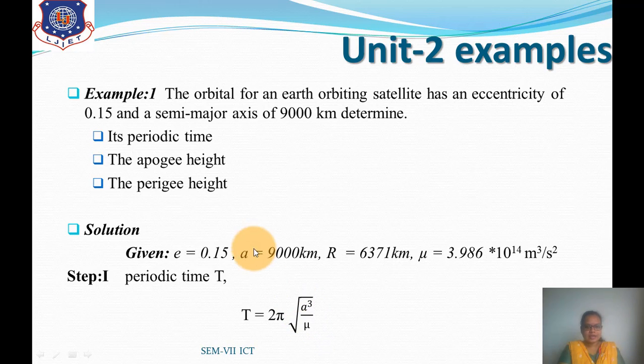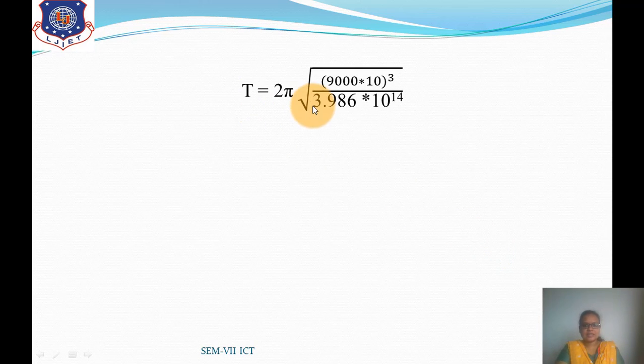Here a has the value 9000 km, which we need to convert into meters, and mu is substituted from the constant value. So T is equal to 2 pi under root (9000 into 10 raised to 3) whole cube divided by 3.986 into 10 raised to 14. We get 8.470 into 10 raised to 3 seconds.